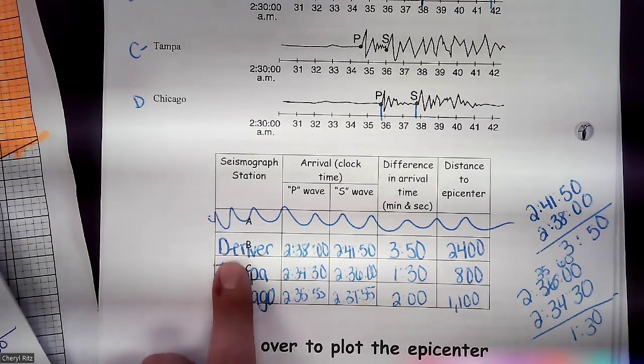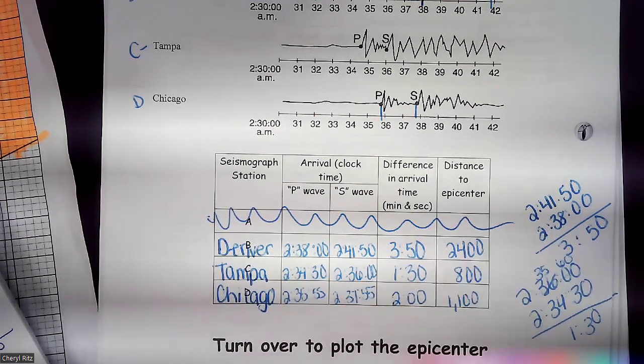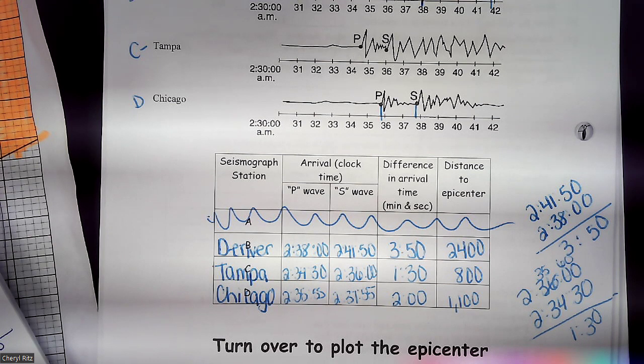So, do you have those numbers? What does it mean that the epicenter is 2,400 kilometers from Denver? We talked about this on Wednesday. I think you know what you mean, and I think I know what you mean. I think it was right, but the words did not match.